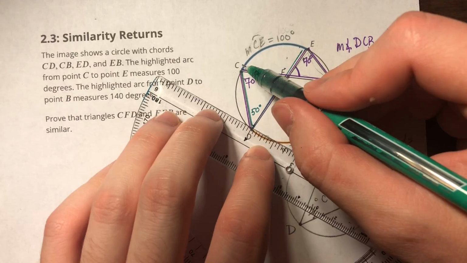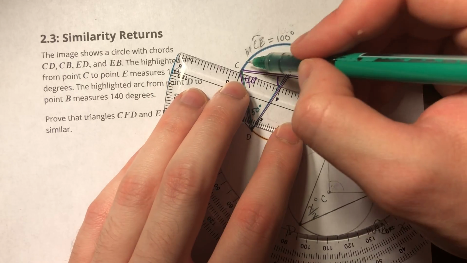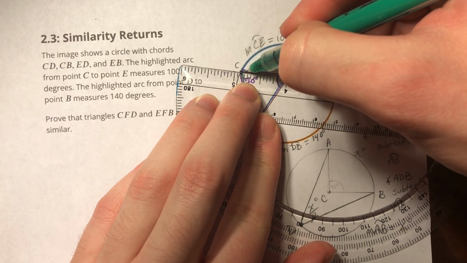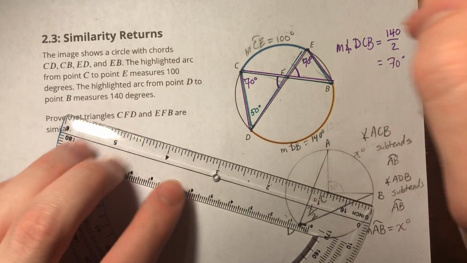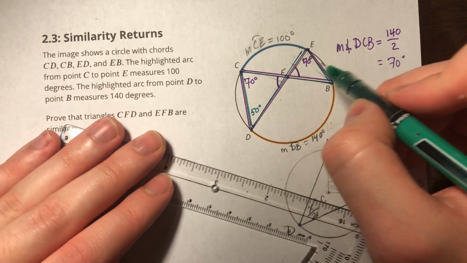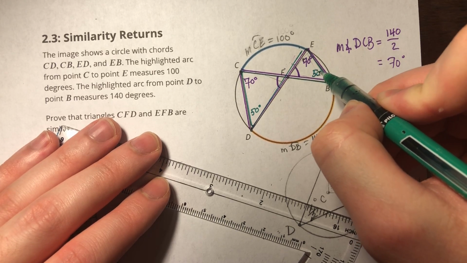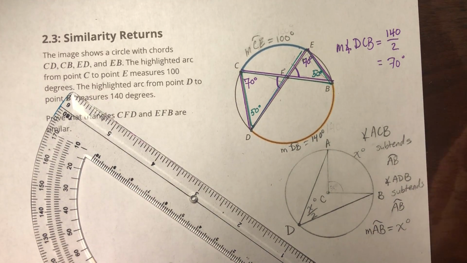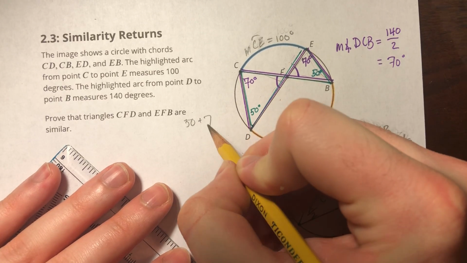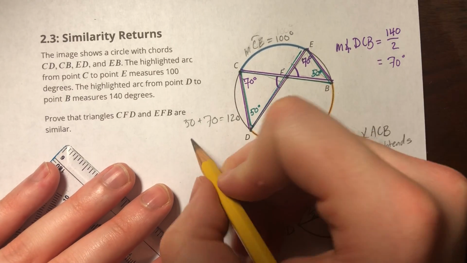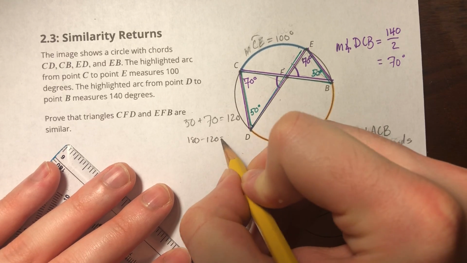And I can do the same thing with CBE. It is subtending this arc, so it must be half of its measure, 50 degrees. I guess the only benefit to knowing this is I now can say, well, that's 70 and that's 50. 50 plus 70 is 120, and then 180 minus 120 is 60.